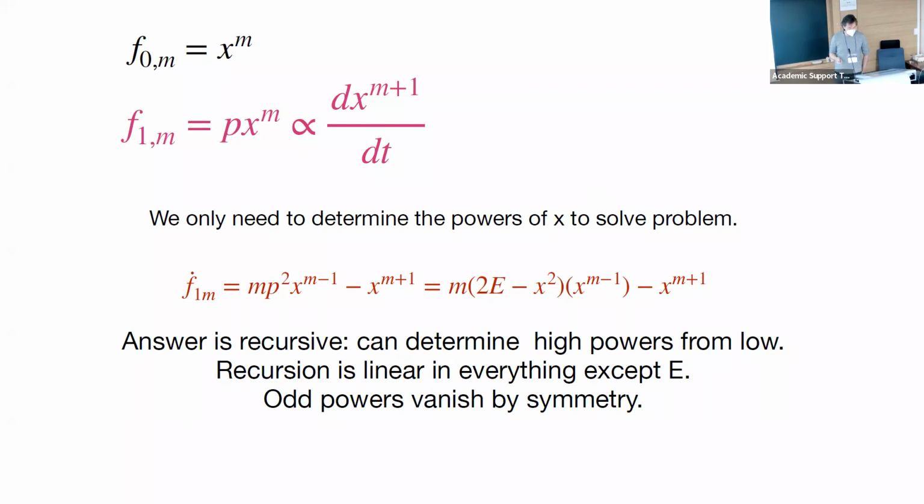And then you can show that this expectation value of this time derivative being 0 gives you basically a recursion relation of powers of x. Different expectation values of x on the microcanonical ensemble need to add up together to something that is recursive. Basically, we can determine the highest power over here, which is X to the m plus 1, in terms of X to the m minus 1. And then you just run it by starting at the bottom and using that the energy is known, and for example, the virial theorem.